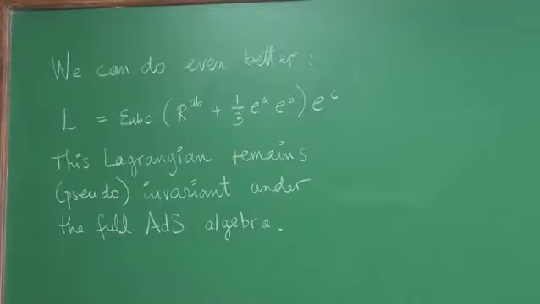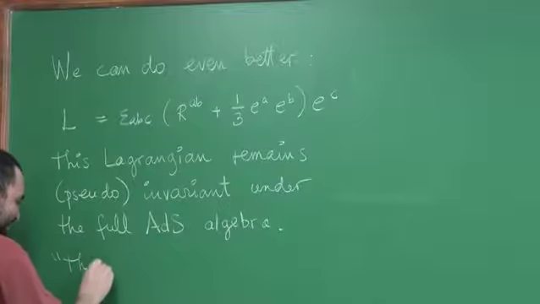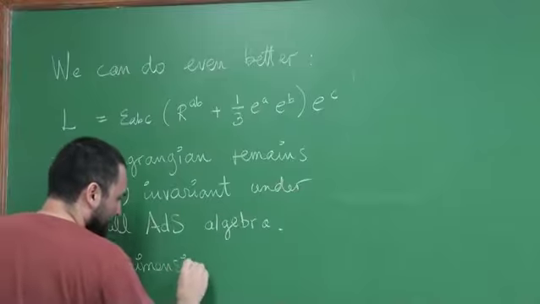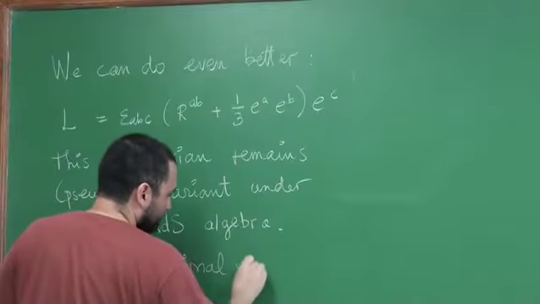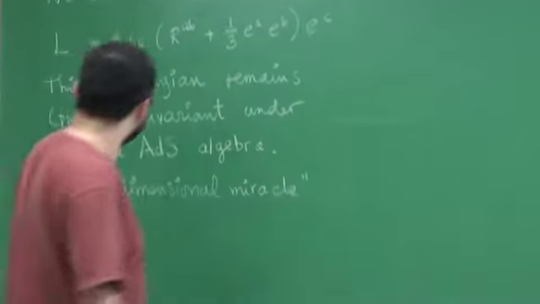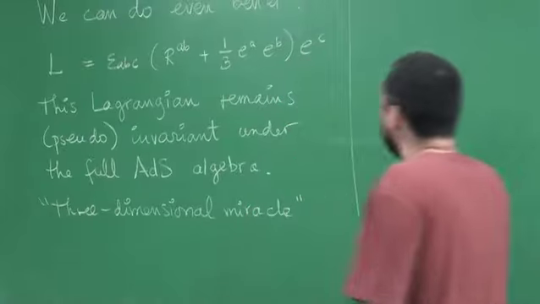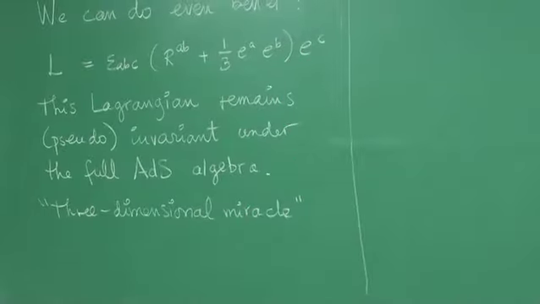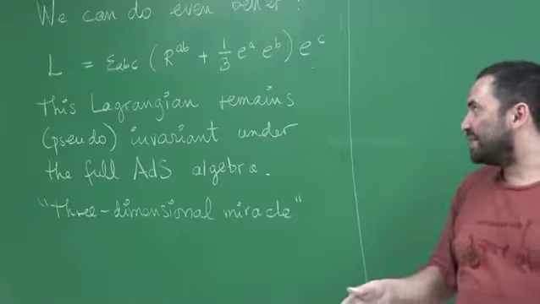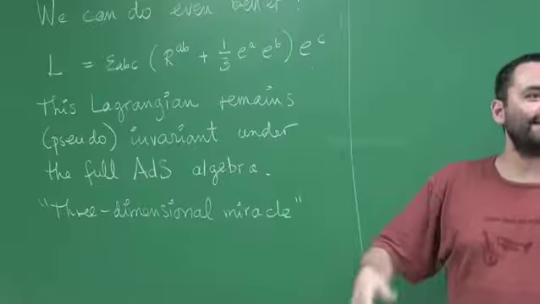So this is called the three-dimensional miracle. And of course it's not a miracle. And the thing is, this Lagrangian is the Chern-Simons Lagrangian. It's the Chern-Simons form for the anti-de Sitter algebra.